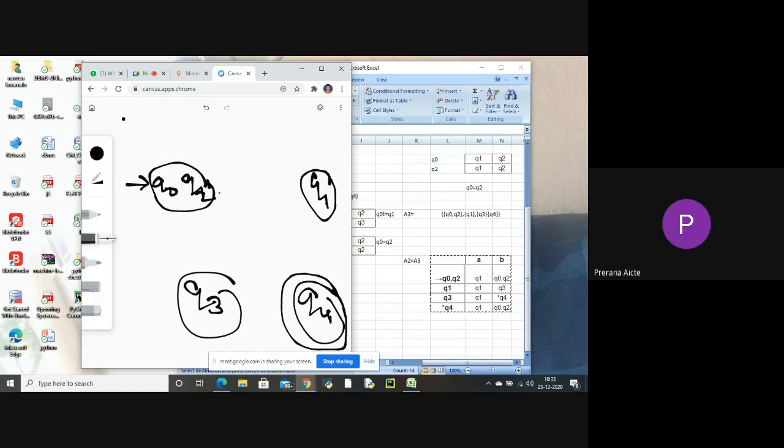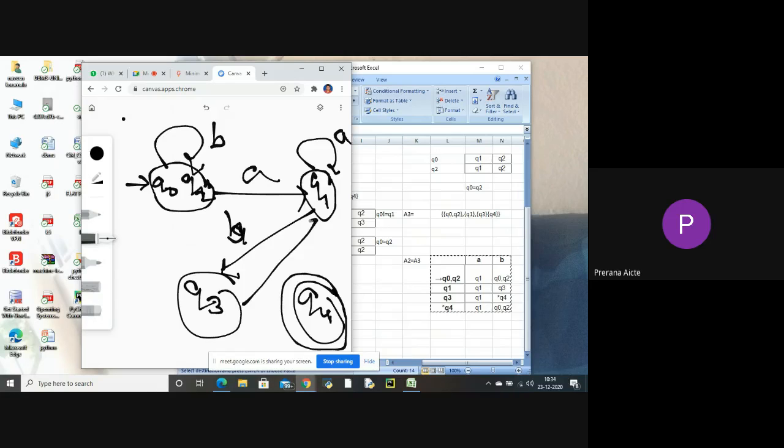For Q0, Q2, if you give A, it goes to Q1, and if we give B, it stays at Q0, Q2. For Q1, if I give A, it is Q1 only, and if I give B, it is Q3. For Q3, for A it is Q1, for B it is Q4. For Q4, for A it is Q1, for B it is Q0, Q2.